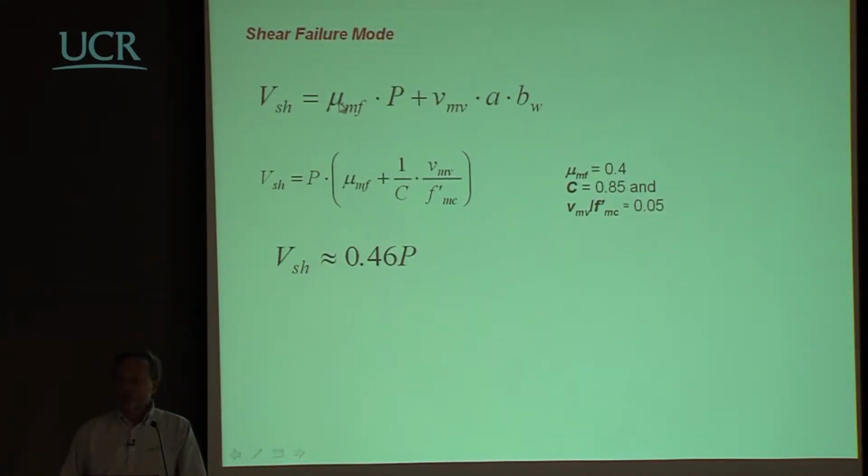This is because you are going to open a crack, but this crack will not be so large that it will not be able to transmit some shear. And the other term is essentially a function of the compression area multiplied by some sort of shear strength, which should be thought of in terms of a cohesion or something like that.